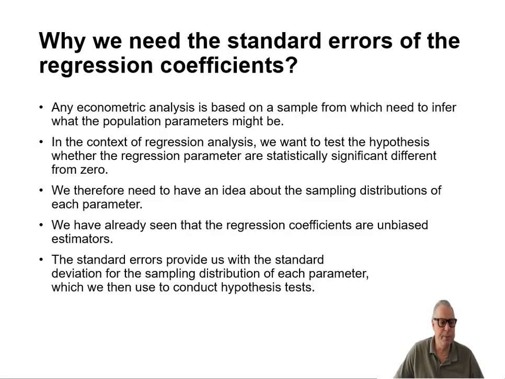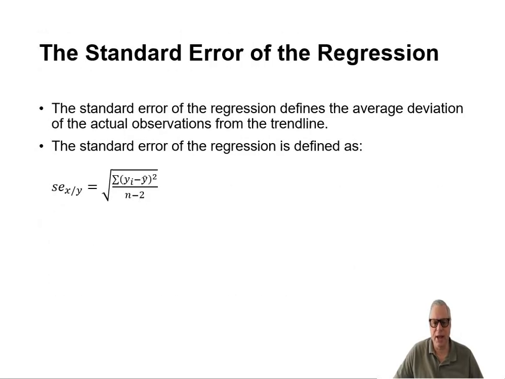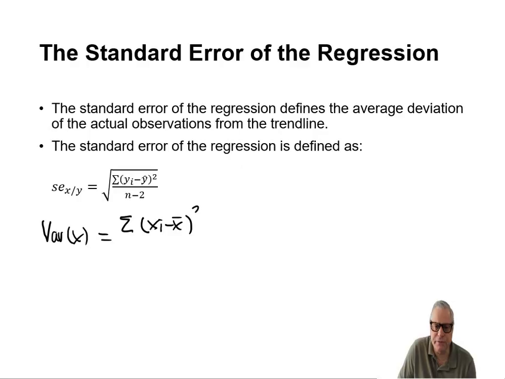And so let's actually start with the standard error of the regression, or the variance of the regression. The variance of the regression is very similar to the variance of a variable x around its mean. You remember that the variance of x can be written as the average squared deviations of all the observations from the mean, divided by n minus 1.